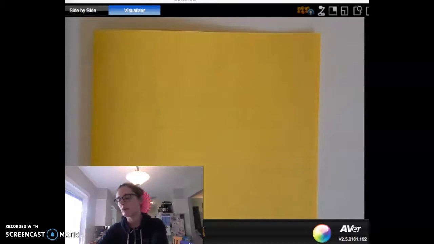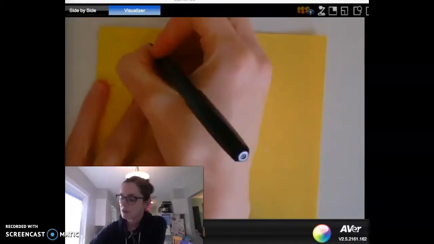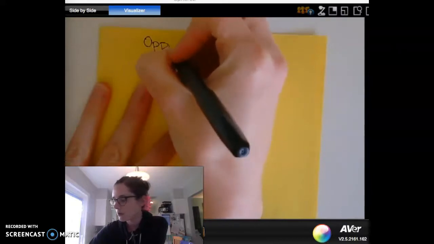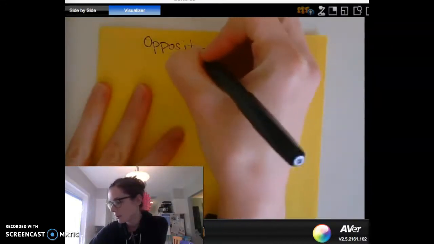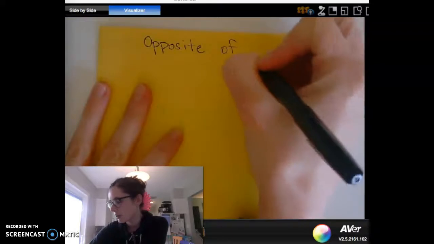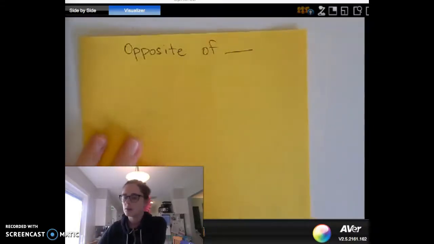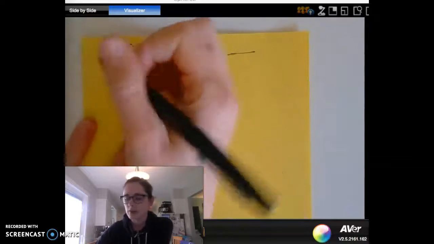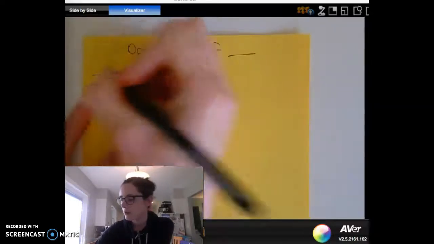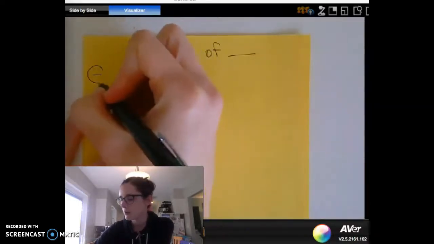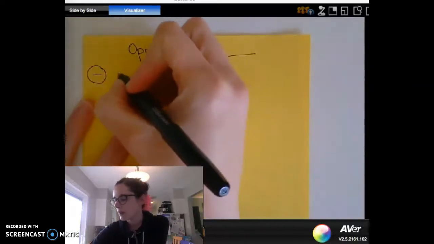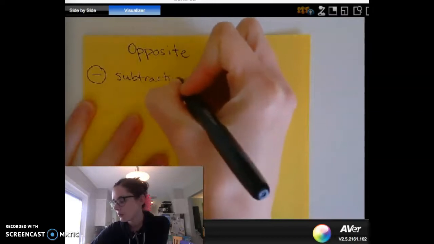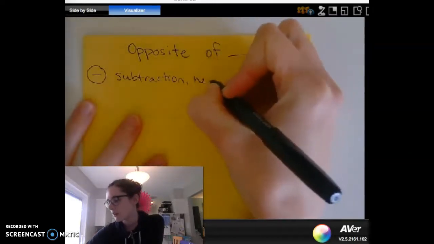So let's write some of those down, okay? We're just going to title this page "opposite of." So we started with that sign. This sign, I'm going to put it in a circle so we remember, can represent subtraction. It can represent negative.